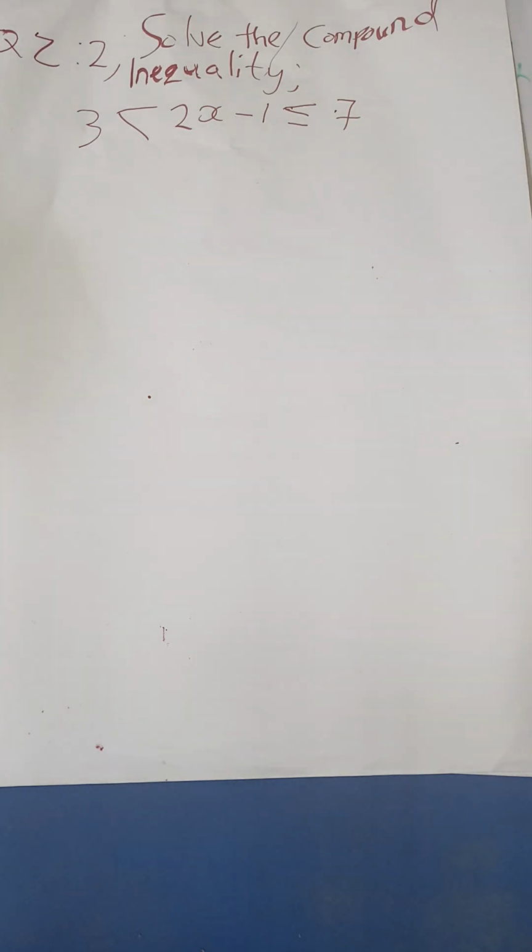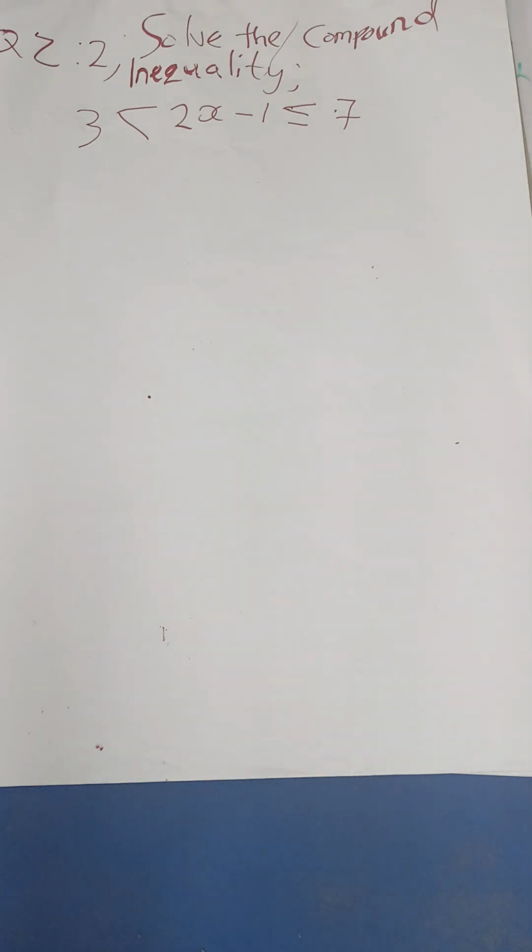The only thing they have added is that there are two inequalities, compared to what we solved in the other part. So what we normally do is go step by step. I want to show you how we can do this.